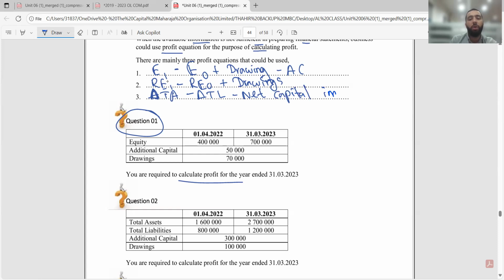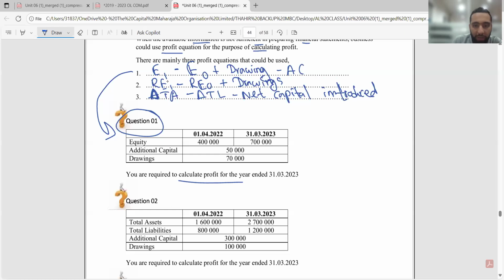These are the three formulas that you can use when finding the profits. First of all, we'll use this formula and prepare this.